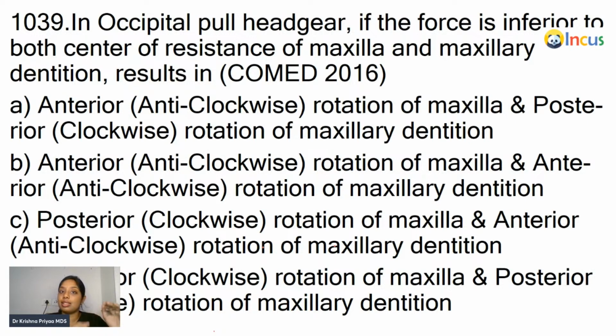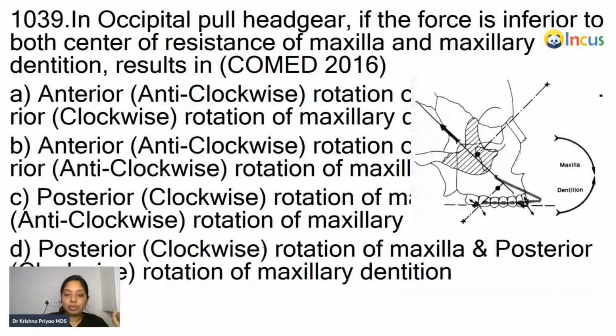For the maxilla, it is closely near the pterygomaxillary fissure, PTM. See, for the maxillary dentition, it's here. For the maxilla, it is here. So when the given force is below the center of resistance of both the maxillary dentition and the maxilla, we'll have a downward rotation.